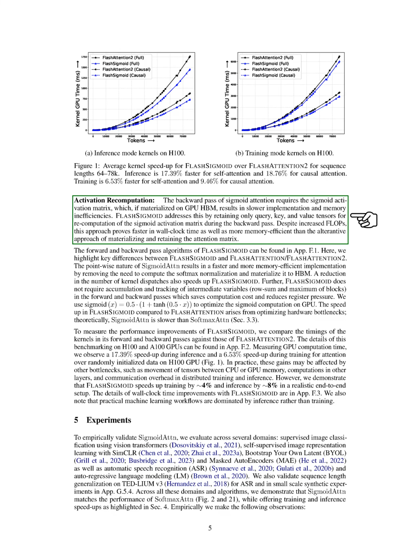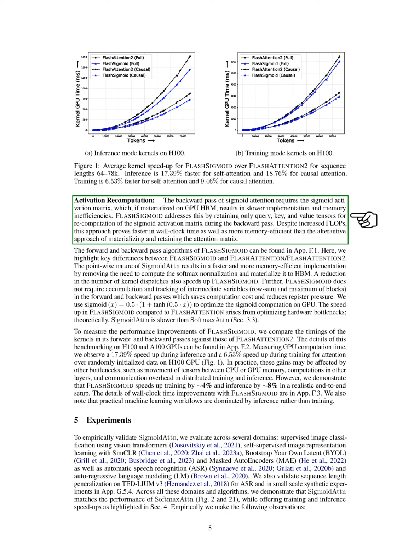For the backward pass, we only keep the query, key, and value tensors, allowing us to recompute the sigmoid activation matrix without the need for extra memory, despite increasing the number of floating-point operations. This method ultimately results in faster execution times and better memory efficiency compared to retaining the attention matrix.